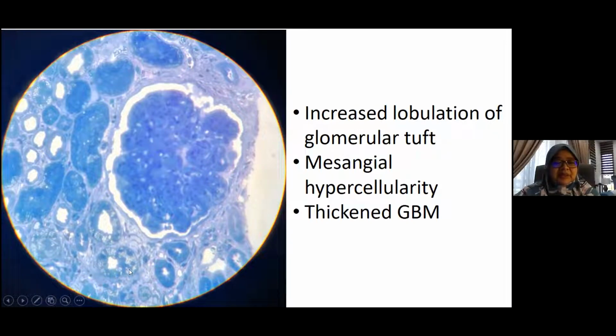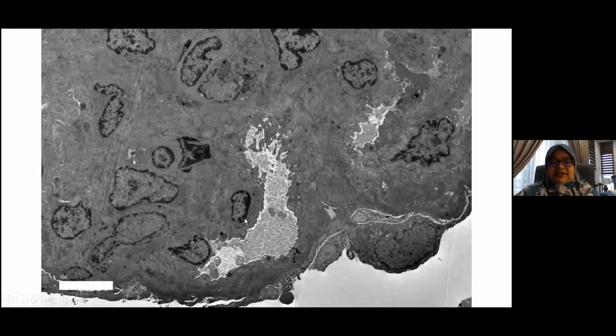Okay. In the background, we can see some of the tubules having vacuolation, in keeping with the kidney injury, right? Right. So now we shall move on to its ultra-thin sections.